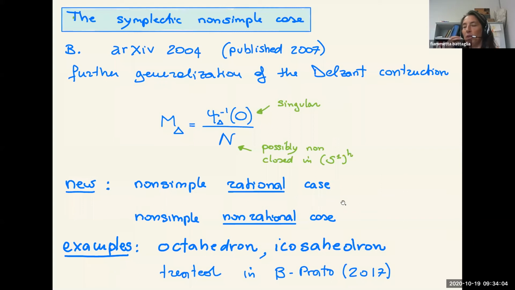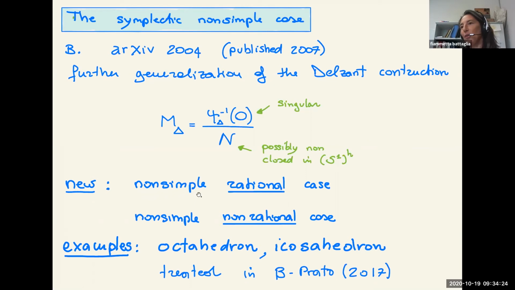And so let me say that this construction, this extension of the Delzant construction to the non-simple case was new at the time, and so I think it's also interesting.